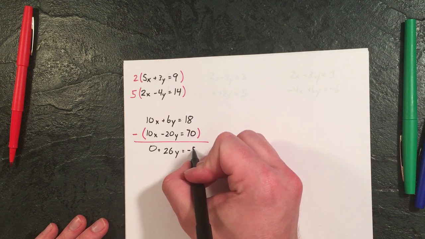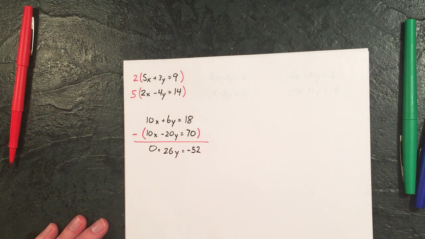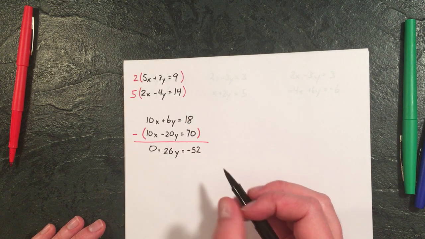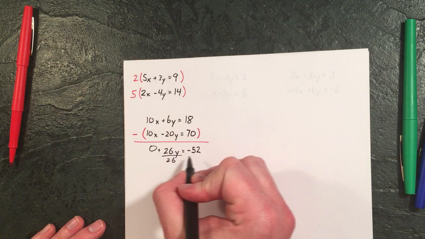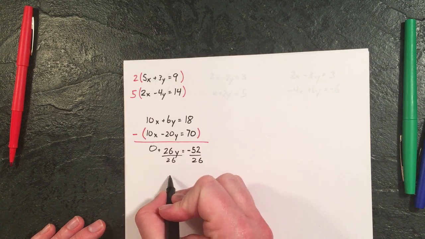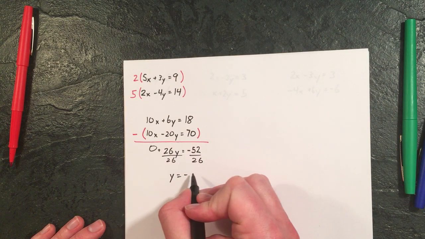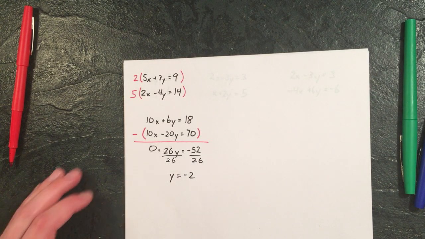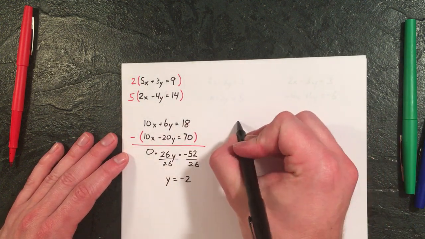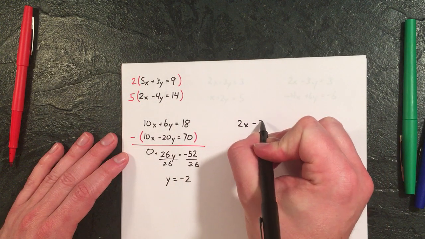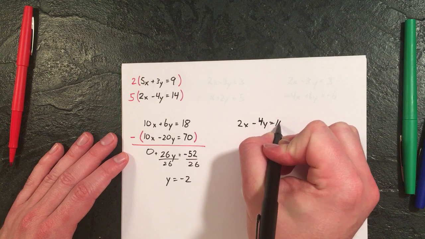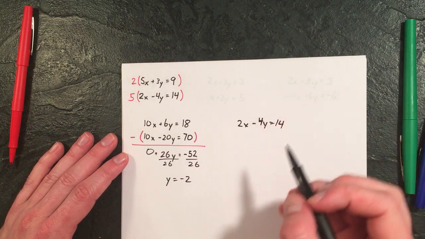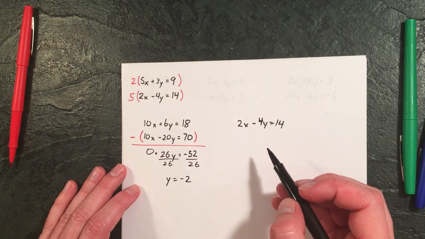And for the next one, 18 minus 70, that's going to get us a negative, what's that going to be? 52. I think that's right. And then we're going to divide by 26, leaving us with a nice negative 2. Once we have that, we have to find our x term. So pick either of the equations. Let's go with this one, and let's substitute in the negative 2.